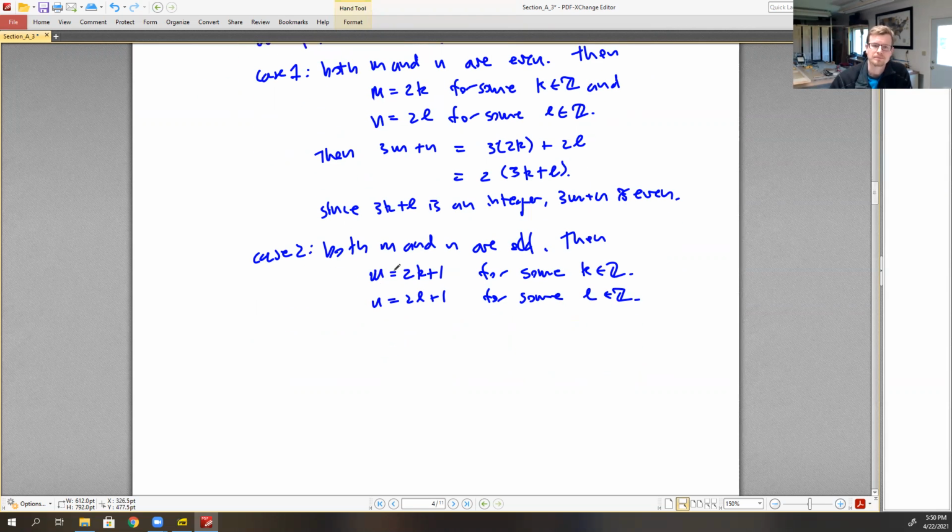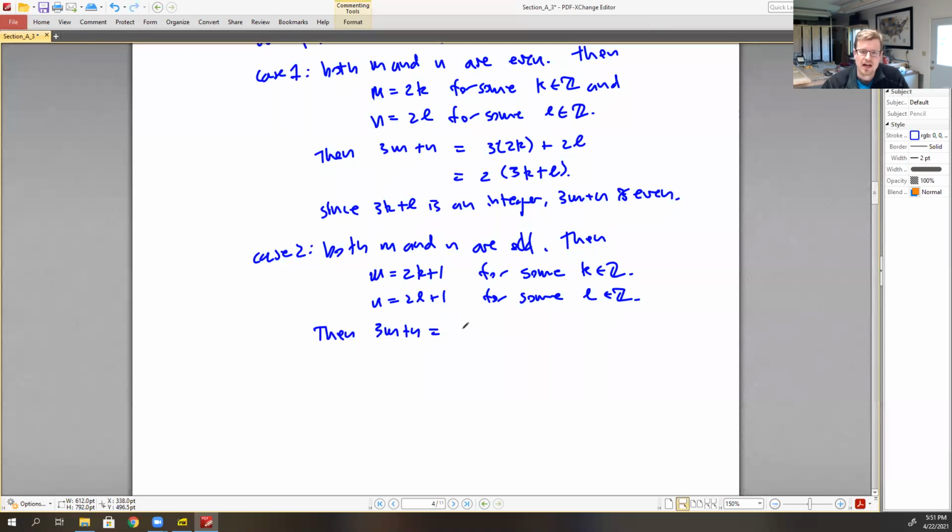And that would be fine. So once we have that, we have applied the definitions of odd to m and n. So let's go ahead and see what these definitions give us when we look at 3m plus n, because we want to show that 3m plus n is in fact even still.